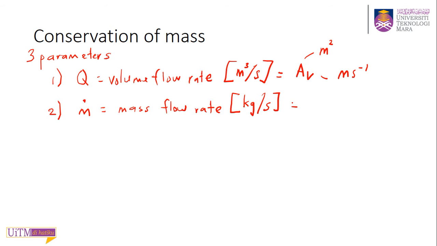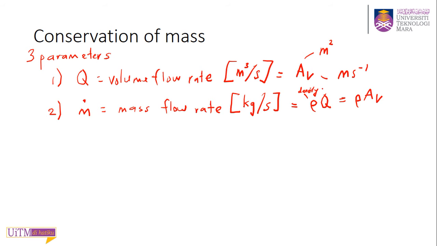The formula for mass flow rate is rho, the density, times Q, the volume flow rate. Or you can write it another way, because Q is equivalent to A times V. So you can write your mass flow rate as rho times A, the area, times V, the velocity. This is density.